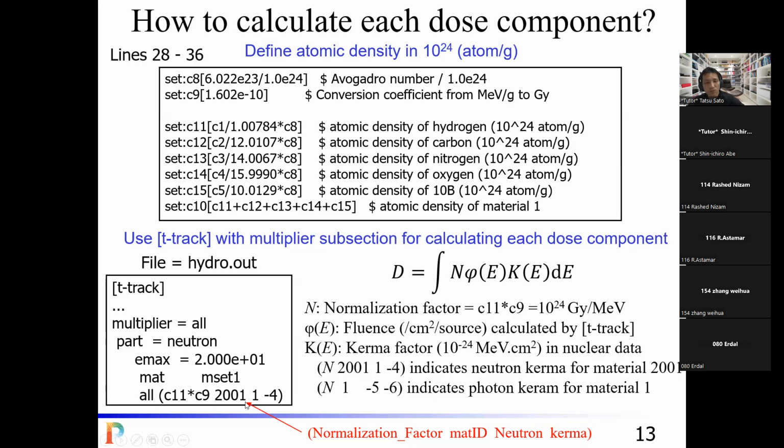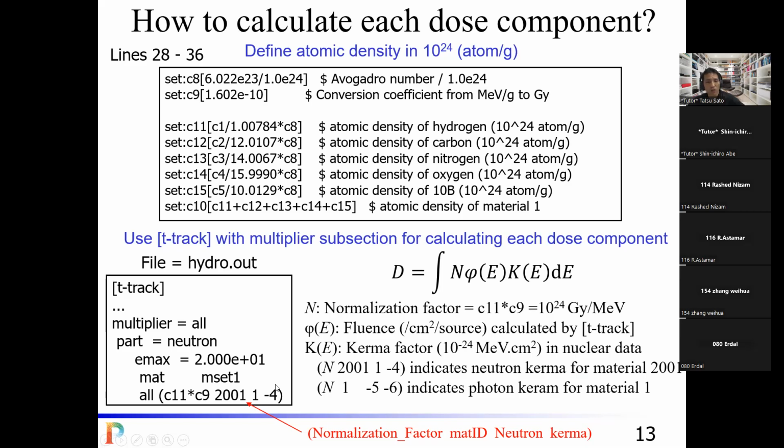So if you specify two material numbers, for example, in this case, material 2001 is hydrogen, and 1 space -4 indicates the neutron kerma factor. So this is a special rule, and I don't explain the detail why this 1 and 4 here, but you can find it in the manual.